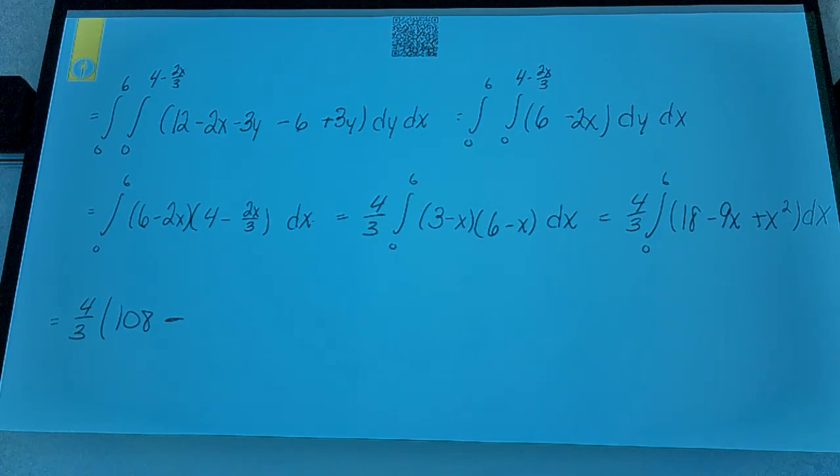So 9 times 18, 90 and 72, right? Third was 6 cubed.